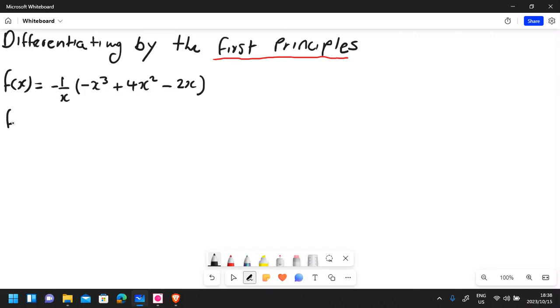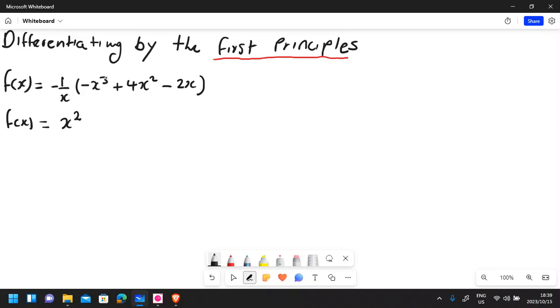All right, so we're going to have f of x. If we multiply negative 1 over x by negative x to the power of 3, we will have positive x squared. You guys see, right?